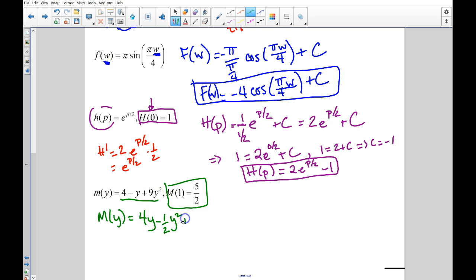Same thing with this last term. Since it's a polynomial, I add 1 to the power and then divide the coefficient by the power. And always remember the constant. So this is 4y minus 1/2 y squared plus 3y cubed plus a constant.